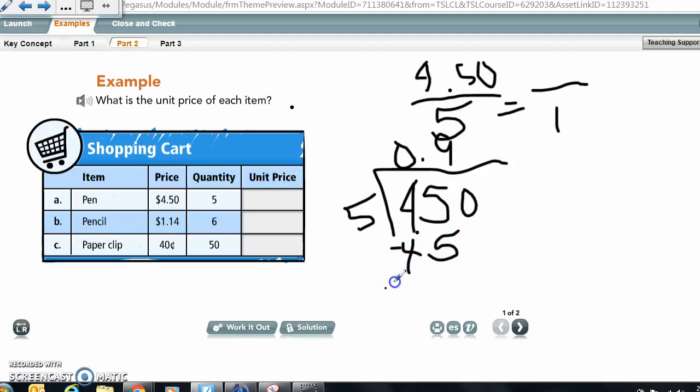And I get 0. And bring down my 0. 5 goes into 0, 0 times. So what does this mean? 1 pen is 90 cents. Okay, show all your work for me.